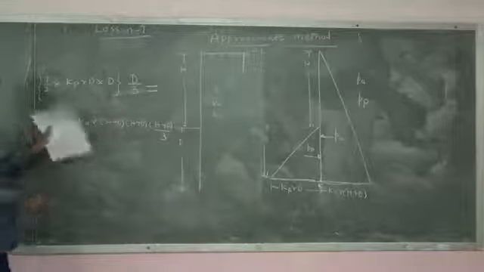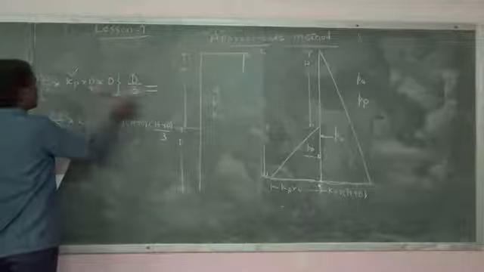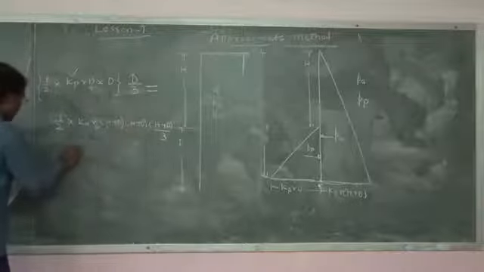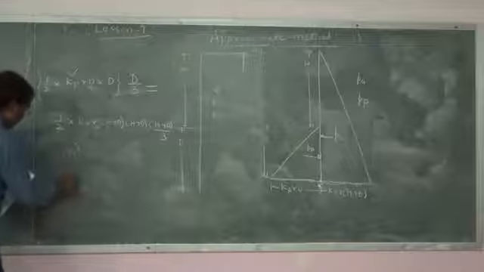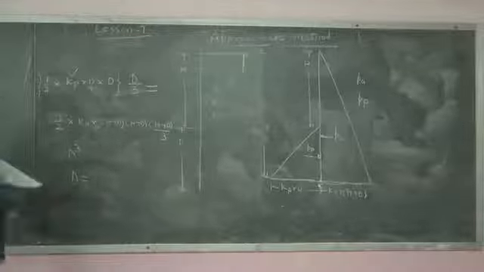You simplify these equations. Here everything is known: Kp is known, depth you want to calculate, h is known, gamma is known. You substitute all the values, you will get an equation in terms of d, and if you simplify, you are going to get the value of d.